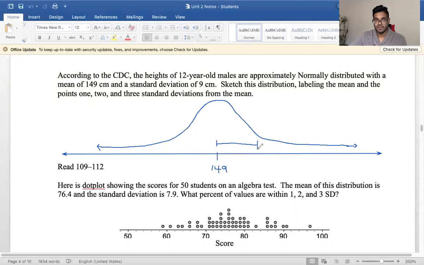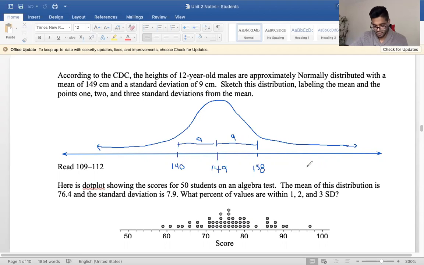We're going over 9 centimeters. Okay, so that puts this value at 158. Then I go the opposite direction, go 9 again into the inflection point. Hopefully it's about even. So another 9, so now this point right here on the graph, this is 140.